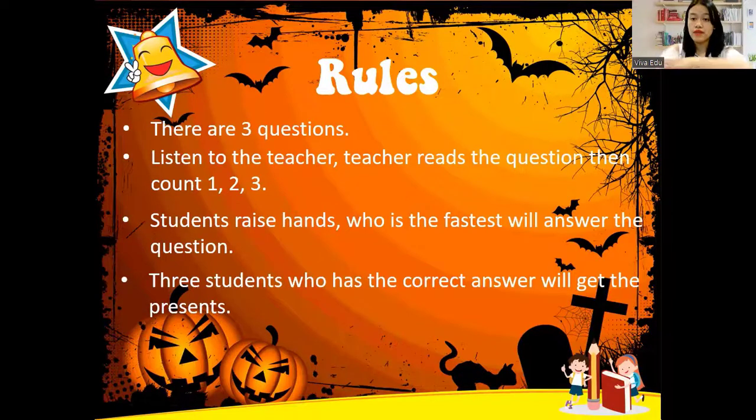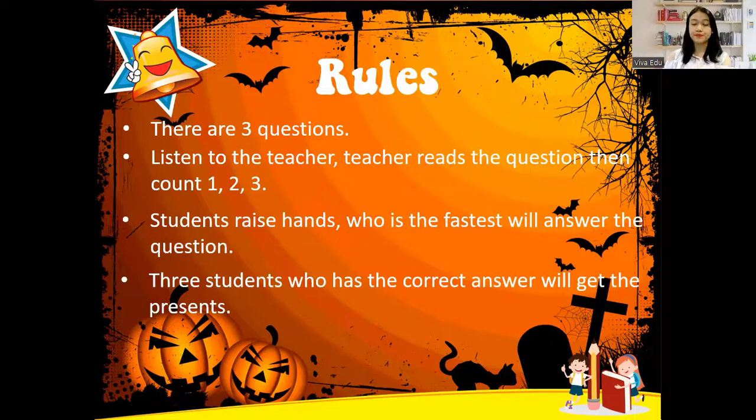Which student raised their hand fastest? You will call that student to give the answer. If they say the correct answer, they will get a chance to get the prize. Only 3 students who raise their hands fast and give the correct answer will get the prize. They will get the present.